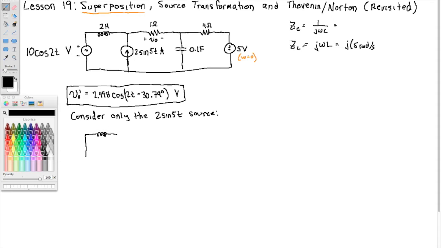So the impedance of that inductor is j times 5 rad per second times 2 henry. That's j10 ohms. So I'll label that here, j10 ohms. Here's my current source. So this is 2 angle 0 degrees amps.